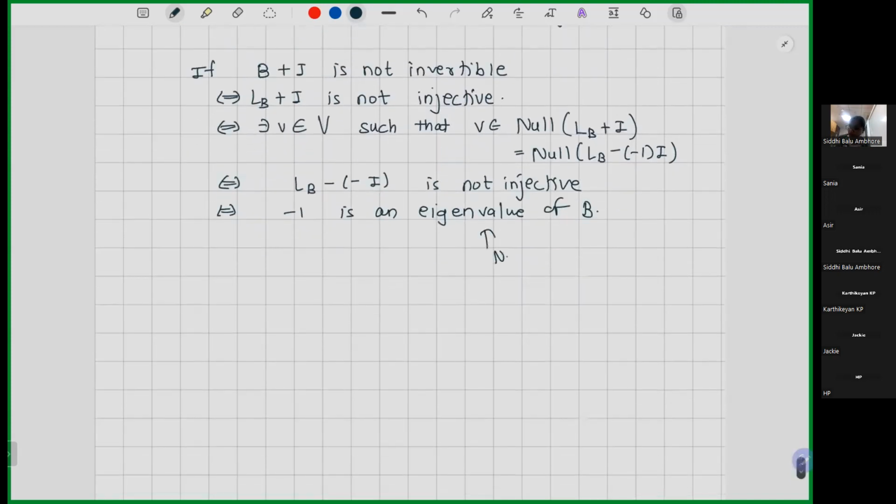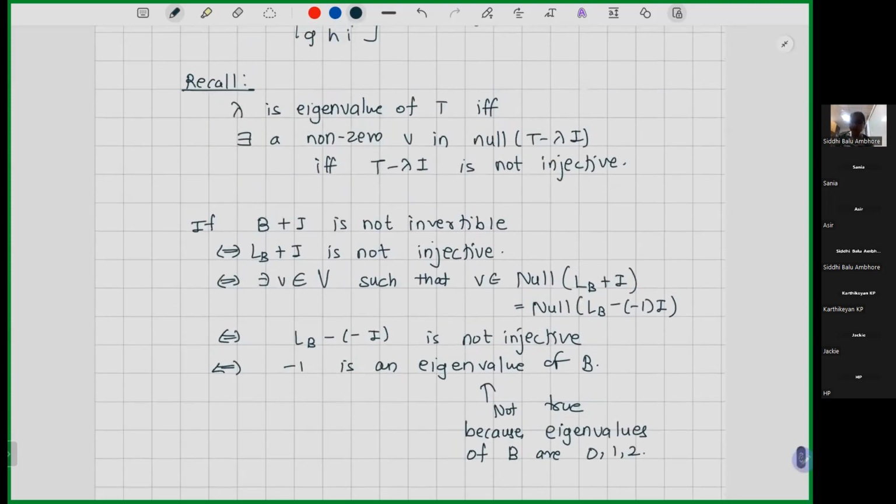This is not true because the eigenvalues of B are 0, 1, 2. Okay. Is it clear? We just use this form, and in fact, this statement is not needed. Let me just mark this. This was not needed, but still I wrote this.